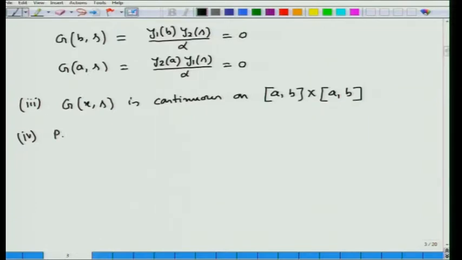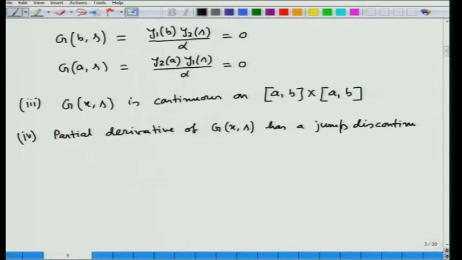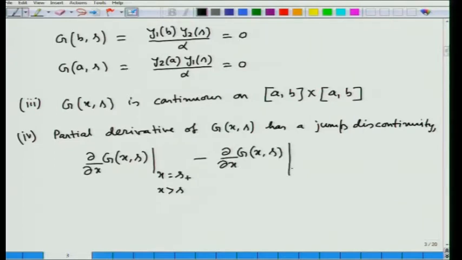This is given by the jump of the partial derivative of g of x comma s, which is defined as del x of g of x comma s at x equal to s plus, that means we have to use the definition x greater than s, minus del x of g of x comma s at x equal to s minus, that means we have to use x less than s, that is equal to minus 1 by P of s.